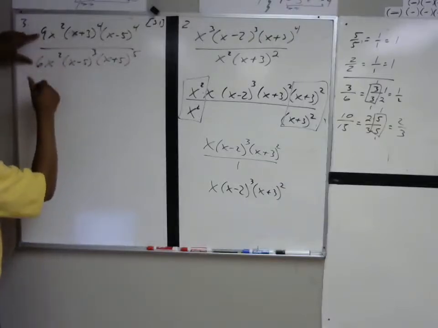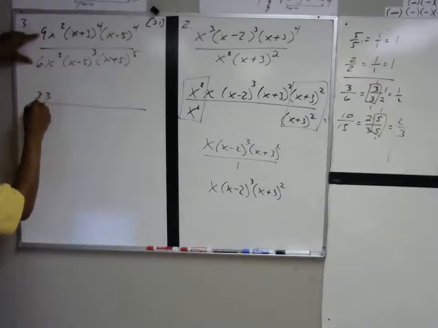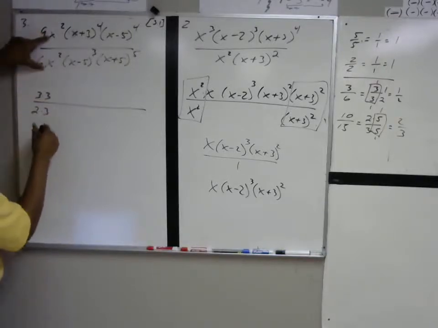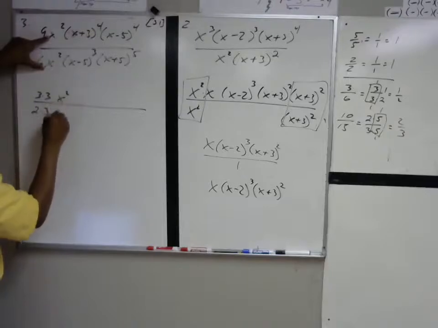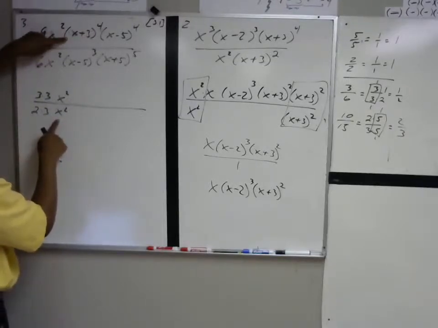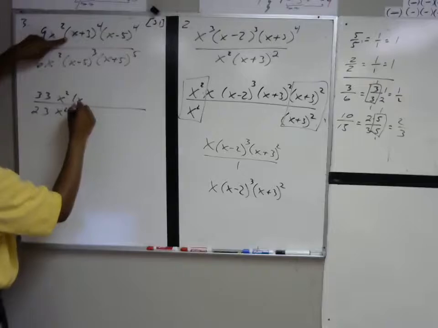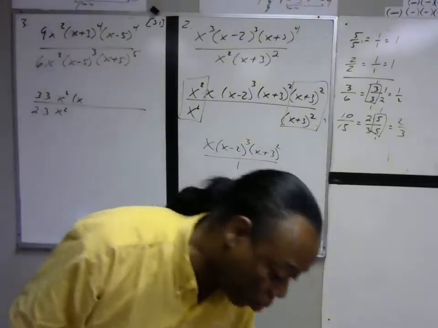We have a 9 and 6. They can be factored into 3 times 3 and 2 times 3. We have an x squared, those are matching, so we don't need to change those two. We have an x plus 3 here, and no x plus 3 there, so we'll just write that down. Make sure I wrote that down correctly.